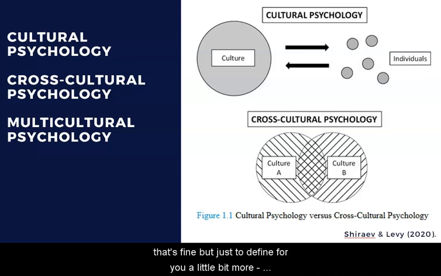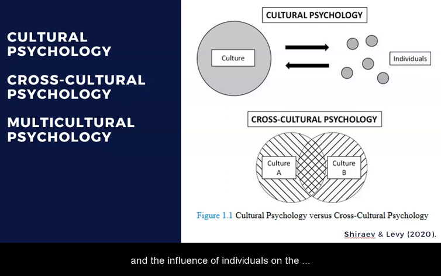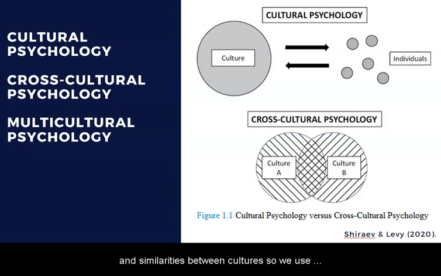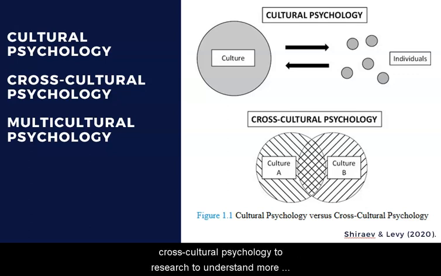But to define it a little more, cultural psychology looks at the influence of culture on the behavior of individuals and the influence of individuals on the development of culture. Cross-cultural psychology is really a research methodology that looks at both the differences and similarities between cultures. So we use cross-cultural psychology in much of our research to understand more about cultural psychology.